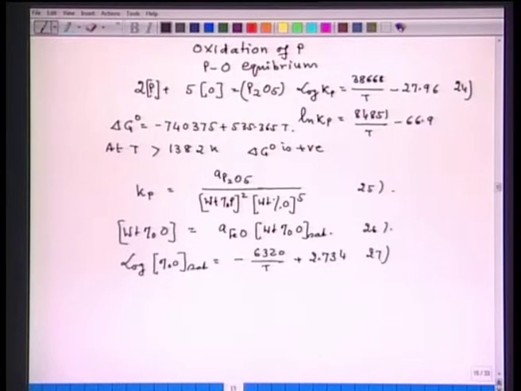So, by equations 25 and 26, we can replace wt percent oxygen in equation 25 by using equation number 26.